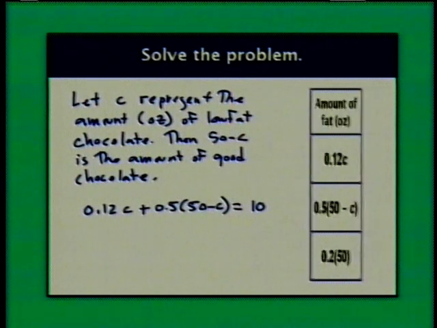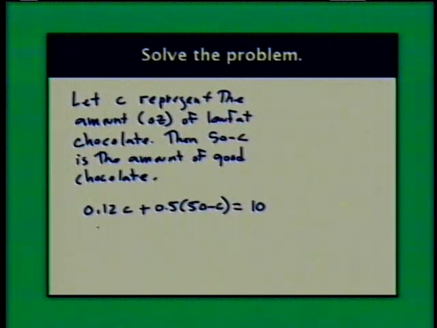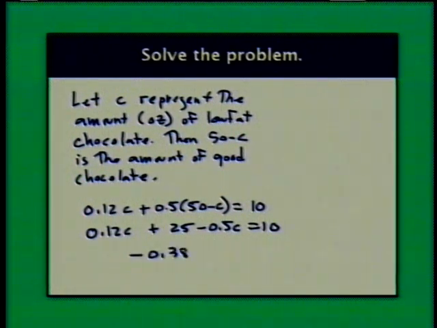Now I can set out to solve the equation. So 0.12C plus, let's see, 50% of 50 is 25, minus 0.5C equals 10. Combining like terms on the left leaves me with negative 0.38C plus 25 equals 10. Now I need to continue on a new sheet of paper.